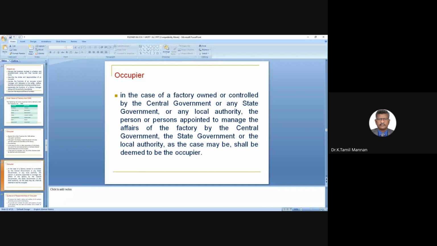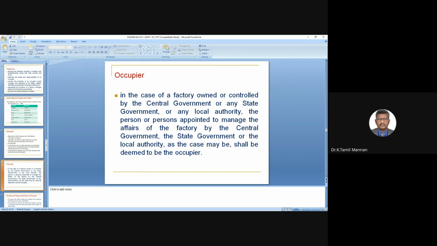In case of a factory owned and controlled by the central government, any state government, or any local authority: if it is a private industry, the individual owner or a person appointed by the directors or owner can act as the occupier. In case of a government factory owned or controlled by the central government, state government, or local authority, like public sectors, the person appointed to manage the affairs of the factory by the government shall be deemed to be an occupier.